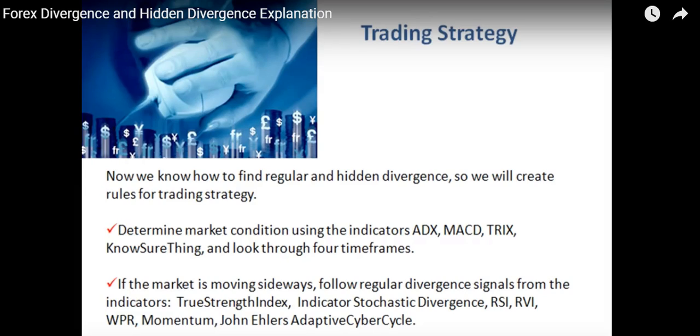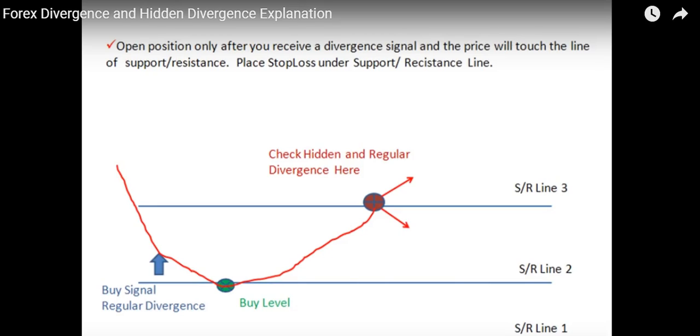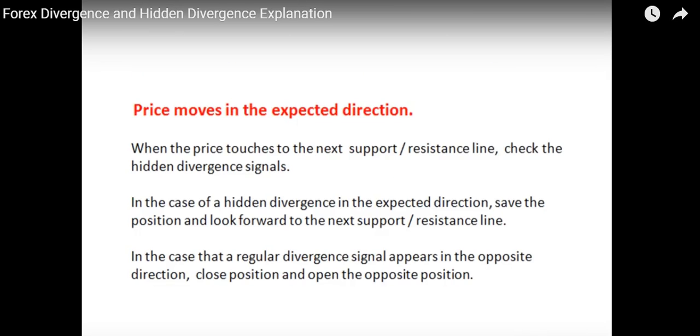If the market is moving sideways, follow regular divergence signals from the indicators True Strength Index, Indicator Stochastic Divergence, RSI, RVI, WPR, Momentum, and John Ehlers' Adaptive Cyber Cycle. Open position only after you receive a divergence signal and the price touches the line of support/resistance. Place stop loss under the support/resistance line.